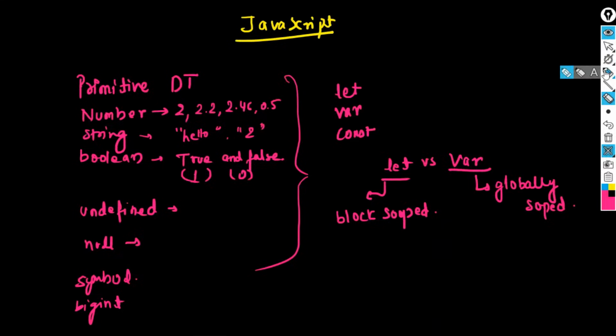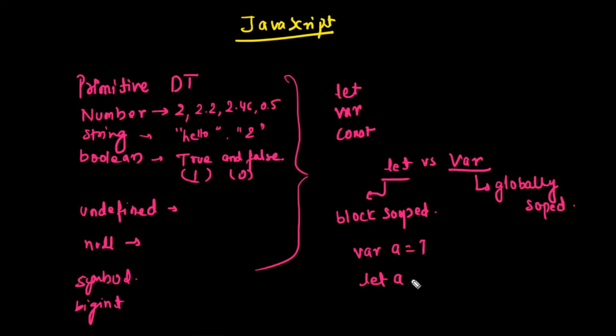Now, you can write like this: var a is equal to 7, let a is equal to 7. You can also write a is equal to 35, and the value of a will be redeclared to 35.